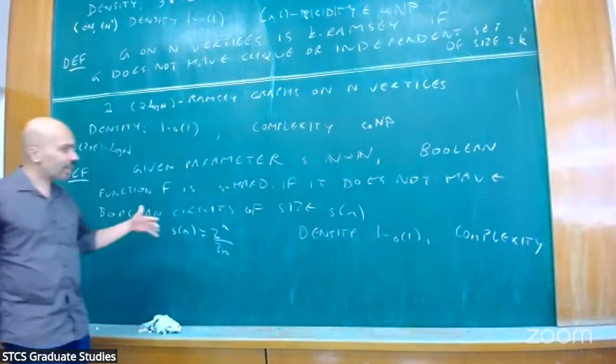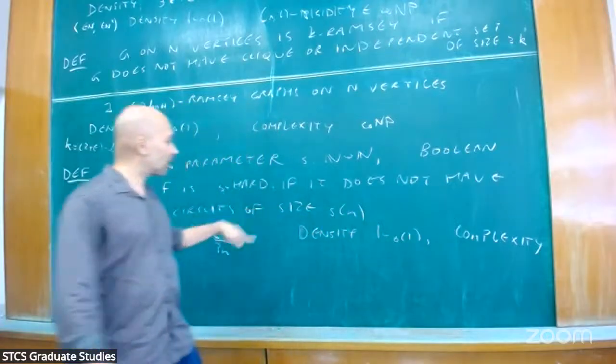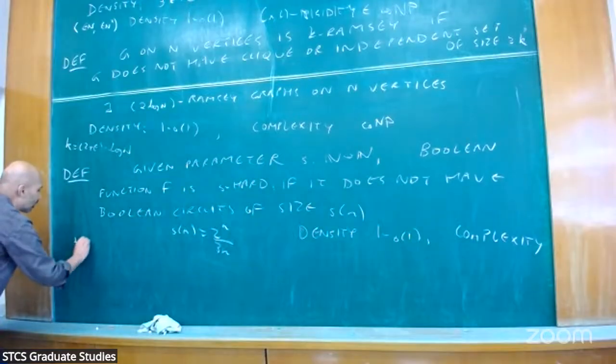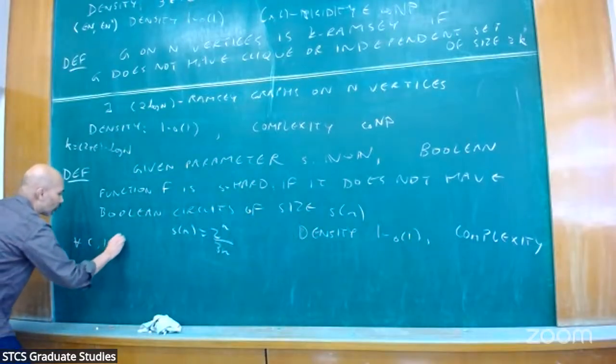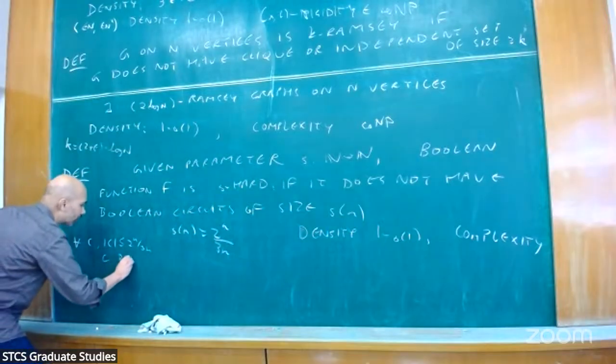How do you check that it has no circuits of size s of n, for say s of n equals 2 to the n over 3n? Well, the obvious way is just to try all possible circuits and see if they compute the function. So the check would be: for all c of size at most 2 to the n over 3n, c does not compute f.